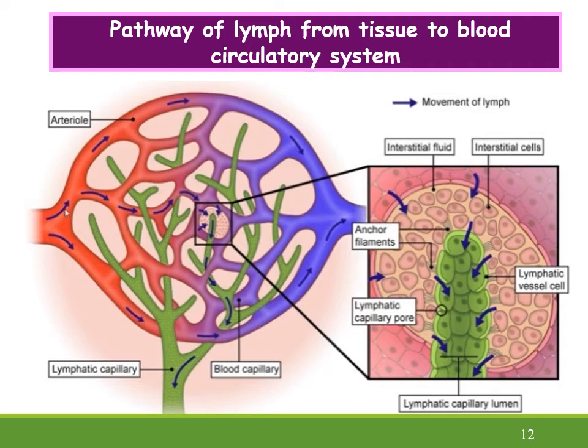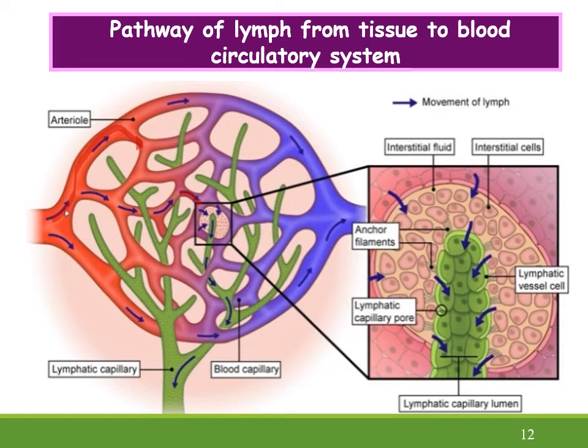This figure shows that high blood pressure in the arterial end will force the blood plasma to move out from the cardiovascular system.